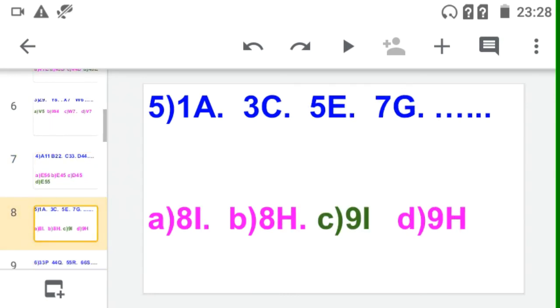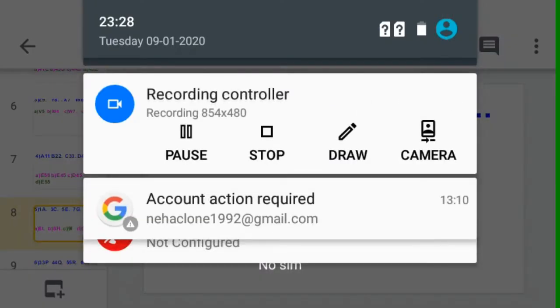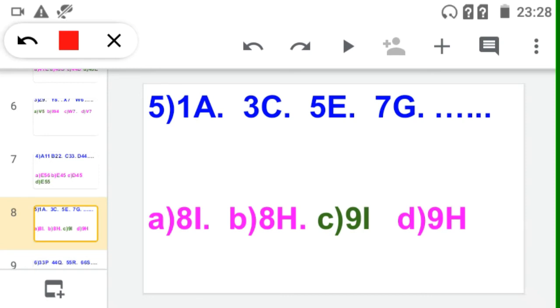Now see the fifth question. So in the fifth question, first we will see the number, then we will see the alphabet. In the first term there is a 1, in the second term there is a 3. Then here is a 5 and here is a 7. So what is the difference between the first and second term?